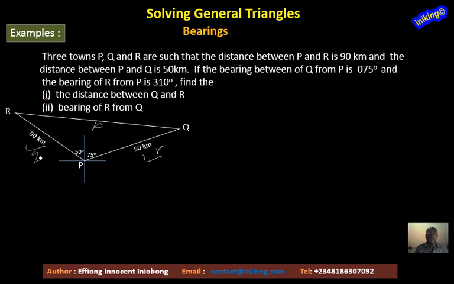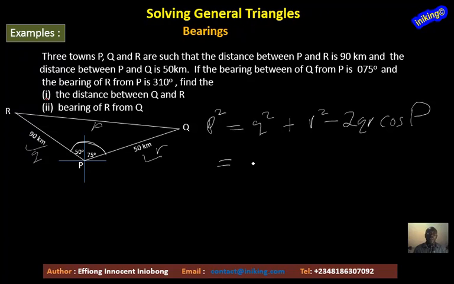Of course, you will agree with me that cosine rule will go straight since we have two sides and the included angle. 50, 75 gives us 125 for that angle. So using cosine rule, p square will be equal to q square plus r square minus 2qr, the cos of angle P. Take note, my angle P is 125.